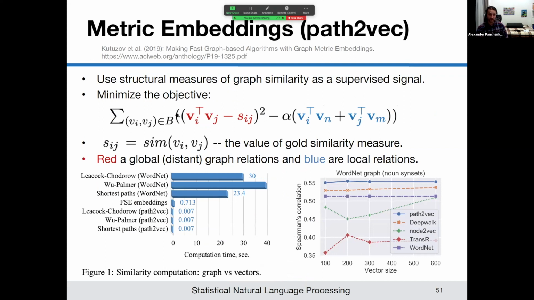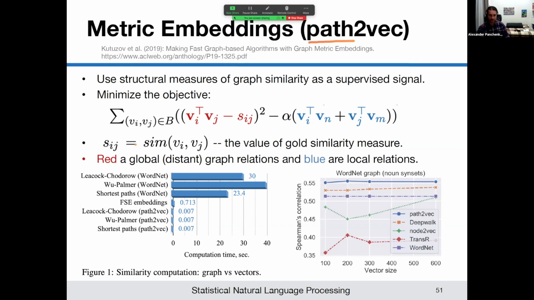So that's why path2vec was proposed. It is an approach which encodes distances such as shortest paths, hence the name of the approach, into some low dimensional space. This is a work with some colleagues, and the idea is actually very simple.